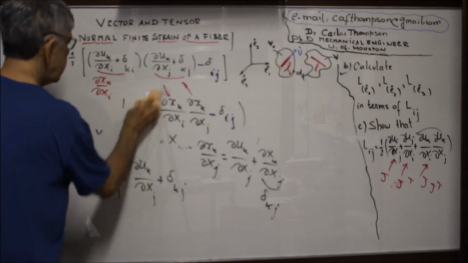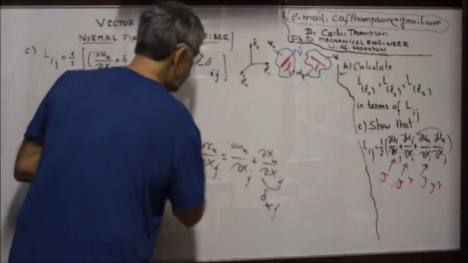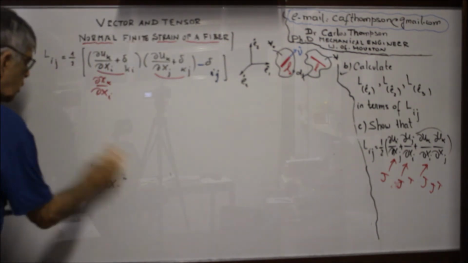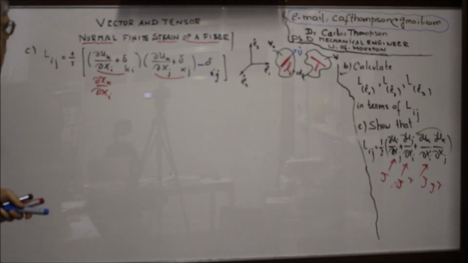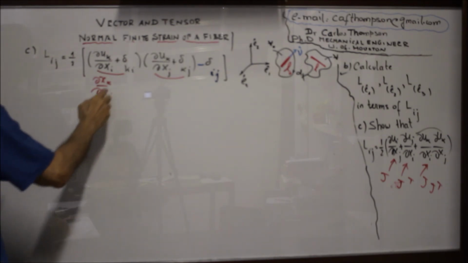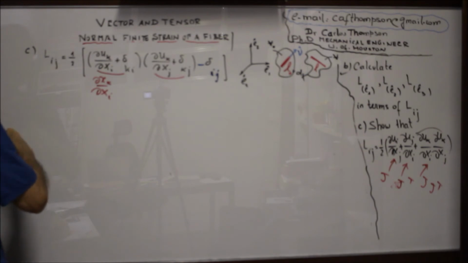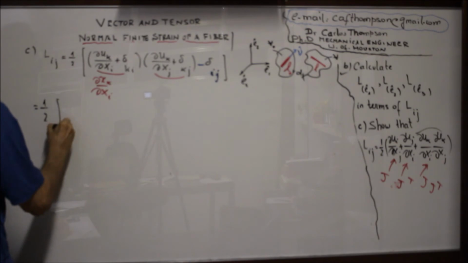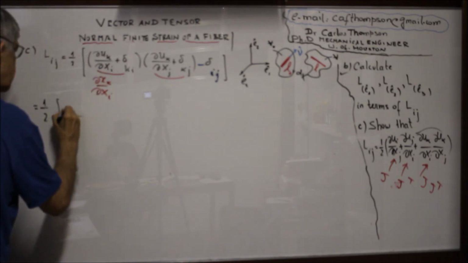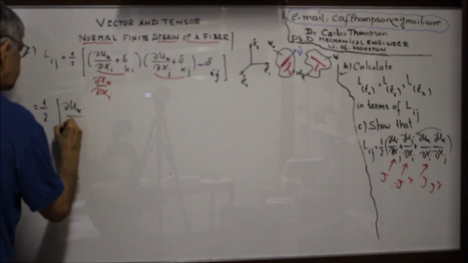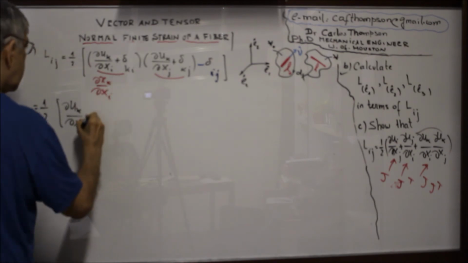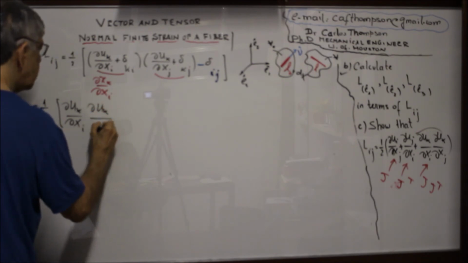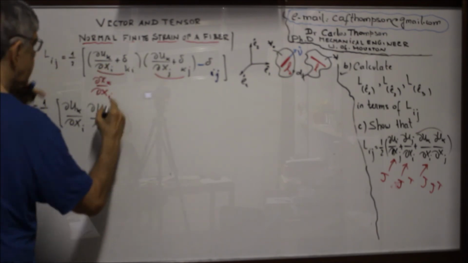Now let's develop this relation over here. It's quite easy, but remember the property of the Kronecker delta. Let's multiply. This will be 1/2 of the partial derivative of u_k with respect to X_i times partial of u_k with respect to X_j, this times this.